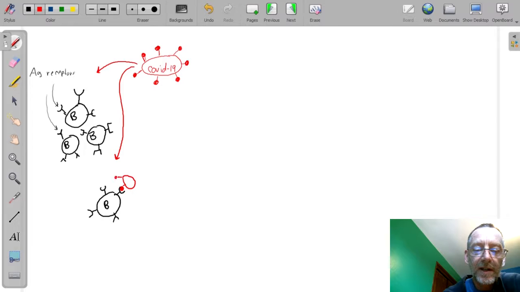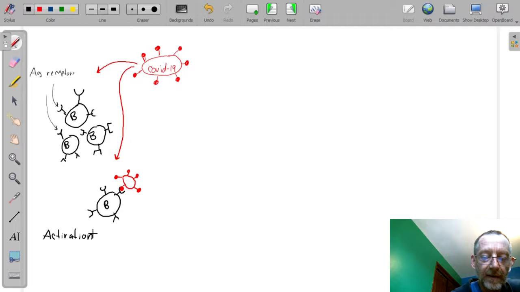Here's the virus in red. And there are other steps. T helper cells are involved. It's not as simple as I'm drawing it, but this activates the B cell. So binding the antigen along with other signal chemicals and the help from T helper cells leads to activation of the B cell.